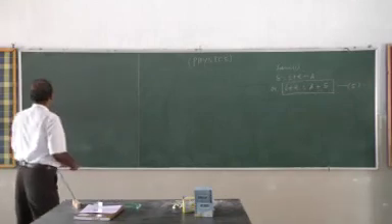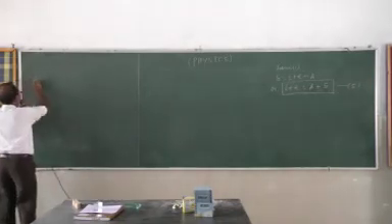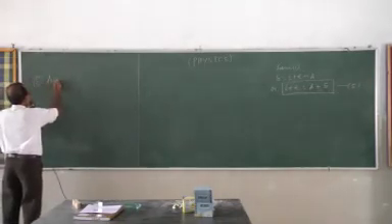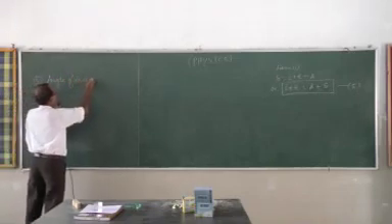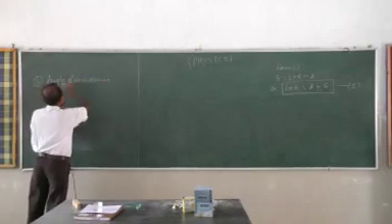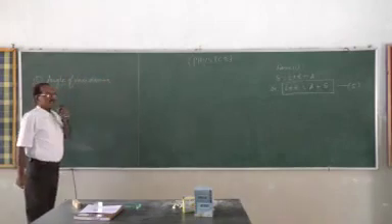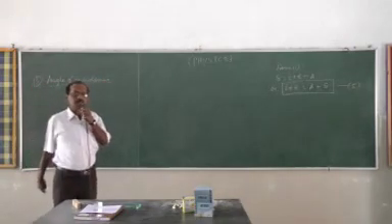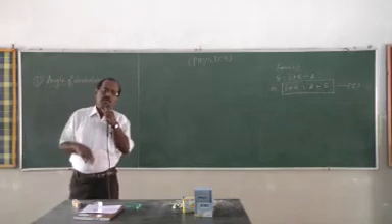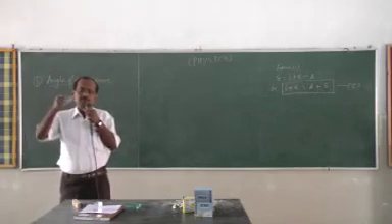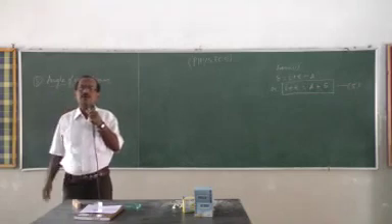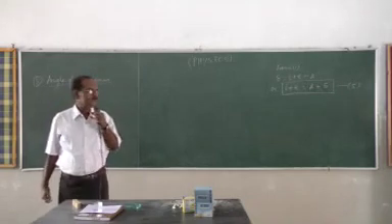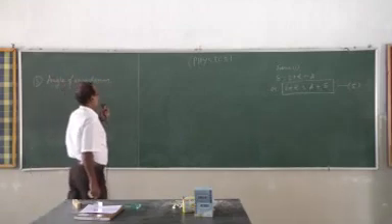So, we are increasing the angle of incidence every time. What happens? The angle of deviation first decreases to the minimum, then again it starts increasing.